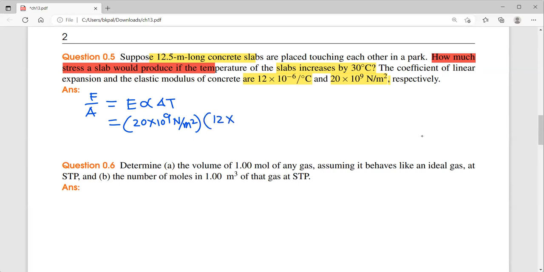Alpha is 12 times 10 to the power minus 6 per degree Celsius, and delta T is 30 degrees Celsius. So when you plug everything in, it gives you 7.20 times 10 to the power 6 Newton per meter square. So the thermal stress for the 12.5 meter long concrete slab is 7.20 times 10 to the power 6 Newton per meter square.